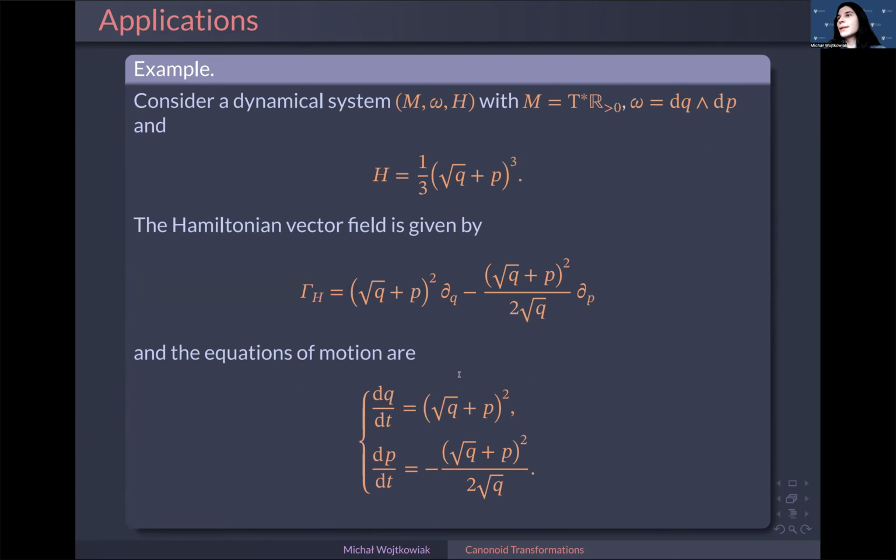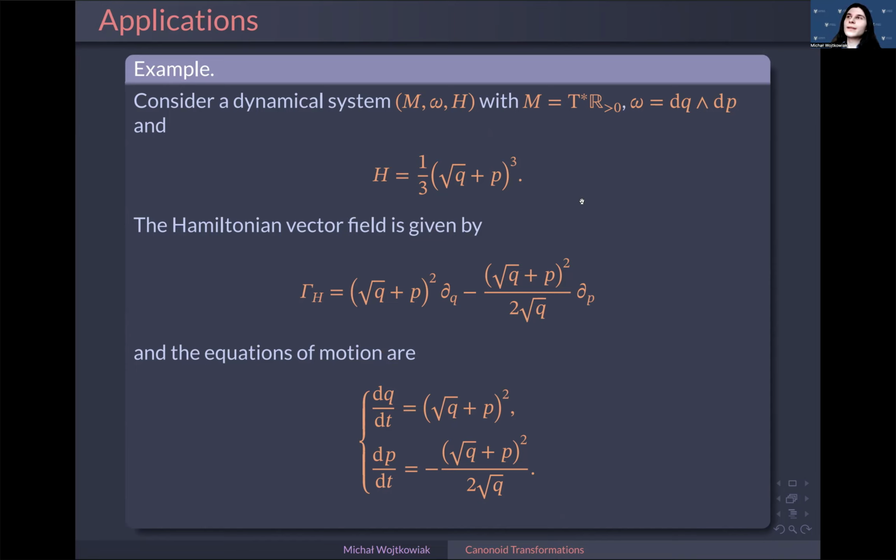Right, so just to finish off the symplectic case, I like this example because it's somewhat surprising, I think, because we rarely see Hamiltonians of such a form. This is not a pretty Hamiltonian.